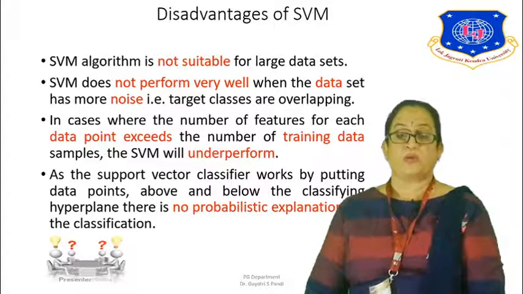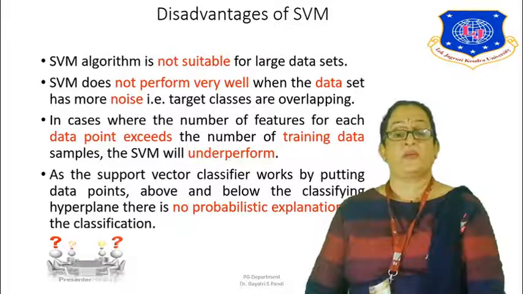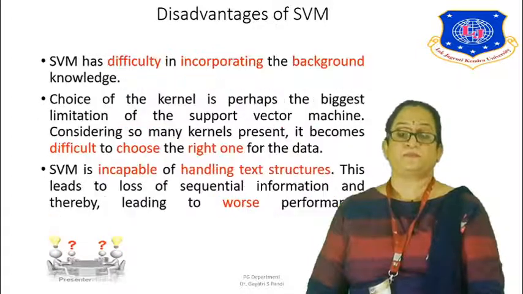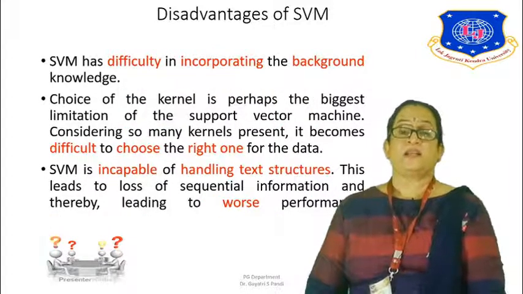And as the support vector classifier works by putting data points above and below the classifying hyperplane, there is no probabilistic explanation for the classification. So at times there could be no proper explanation for the classification that is basically done by the SVM. Now SVM basically has difficulty in incorporating background knowledge as well.